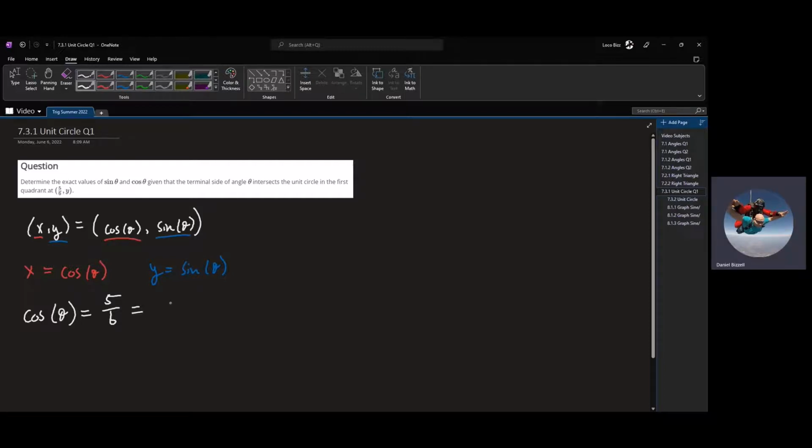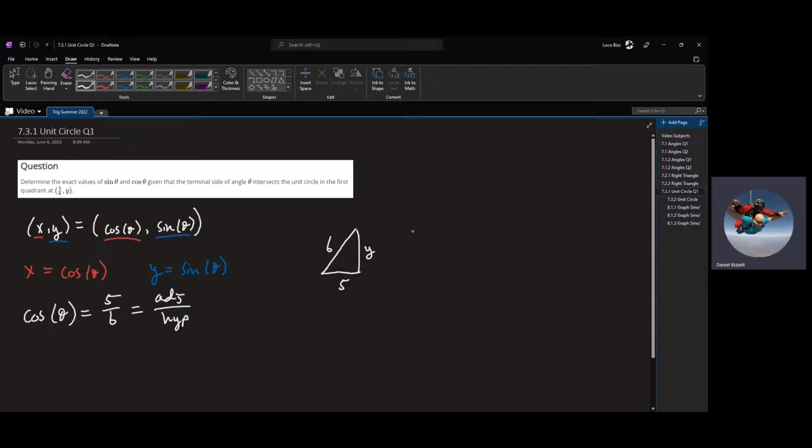Cosine is made up of the adjacent over the hypotenuse. So if we draw a triangle, we know our adjacent side is 5, we know our hypotenuse is 6, and all we need to do to finish this problem is figure out what our height is, or our y.